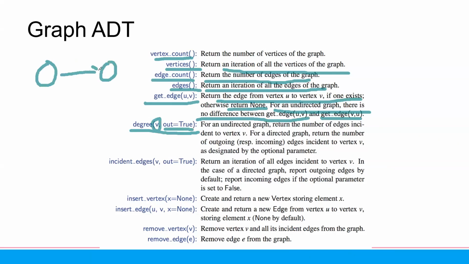But if we have a directed graph, then we call this out, because the direction is out. In this case, we call it in, because the edge enters the vertex. We call this outgoing, and this one incoming.